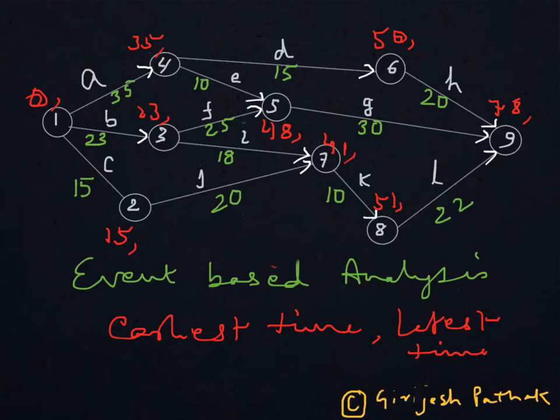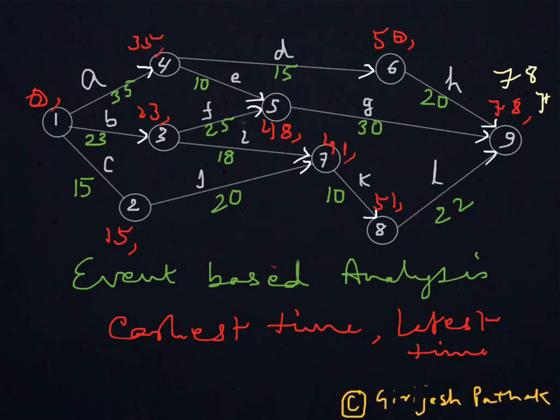It means that the latest time of the end node is taken as its earliest time. So here we make the latest time of node 9 the same as the earliest time. I write above this, the latest time is 78 for the end node.